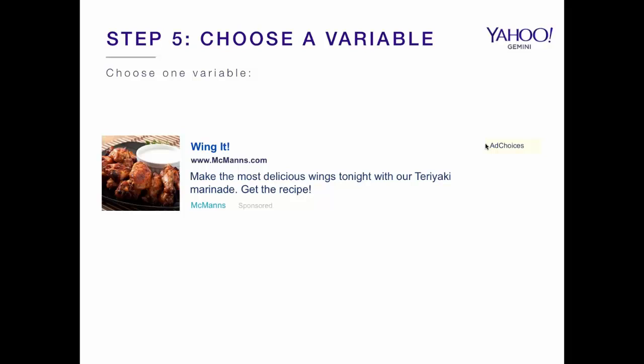Another thing that I preach is three steps to actually writing an ad. An igniter, which ignites the end user's interest, usually the title. What I call an enlightener, which is what a lot of people call the competitive advantage. So in this case, delicious wings with teriyaki marinade.